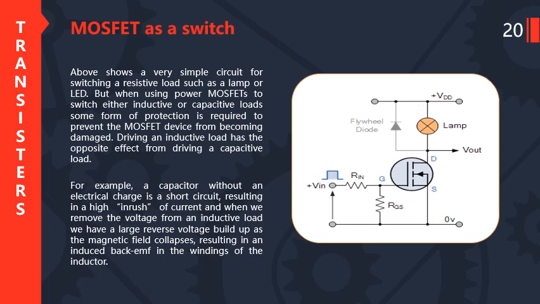For example, a capacitor without an electrical charge is a short circuit, resulting in high inrush of current, and when we remove the voltage from an inductive load, a large reverse voltage builds up as the magnetic field collapses, resulting in an induced EMF in the winding of the inductor.